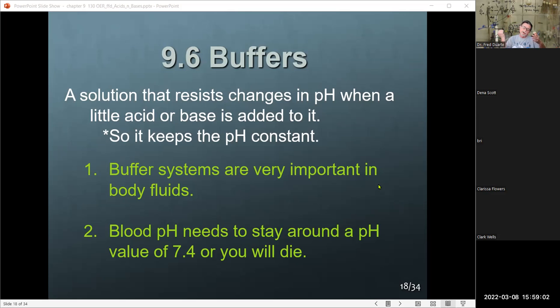Then if an acid comes in, it reacts with the base part of your buffer to maintain that pH. Your blood has a buffer in it, and it has to maintain a 7.4 value, roughly. Otherwise, there's all kinds of problems that can occur. So that's a very important buffer.